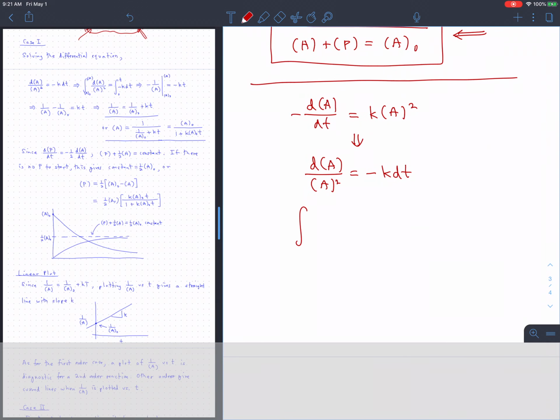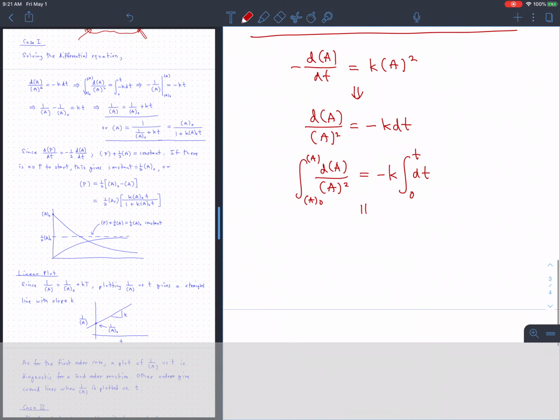Integrating both sides, the integral from A0 to A of dA over A squared is equal to minus k times the integral from 0 to t of dt. Integrating this side, we get minus 1 over A, evaluated from A0 up to A, is equal to minus k, now integrating this side, times t.